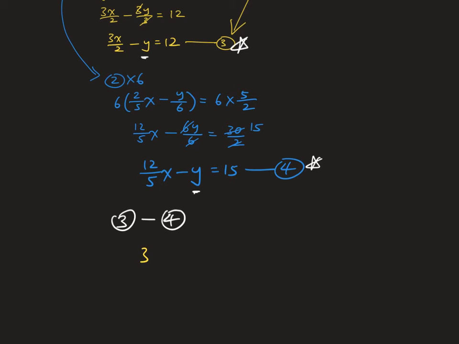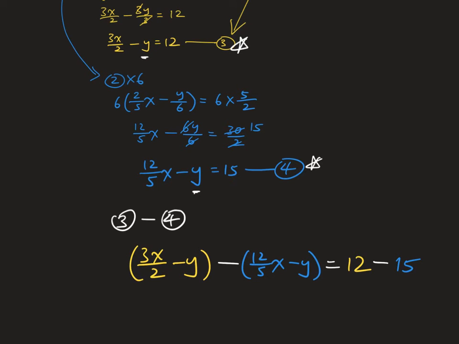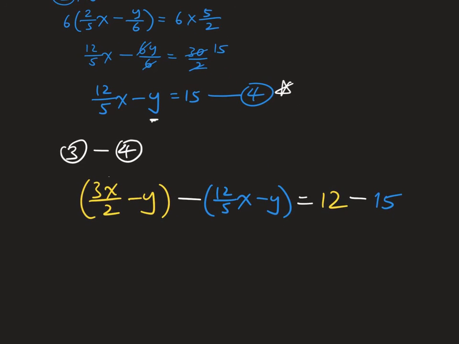So we have equation 3, 3x over 2 minus y. And then we subtract equation 4 from it, 12 over 5x minus y. And we see that this equals 12 minus 15. And very conveniently, when we expand it, the negative sign goes in, and the negative sign gives me a positive y. 12 minus 15 is negative 3.